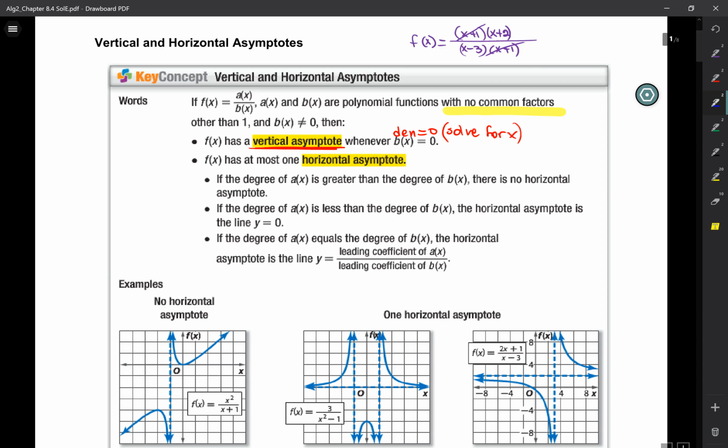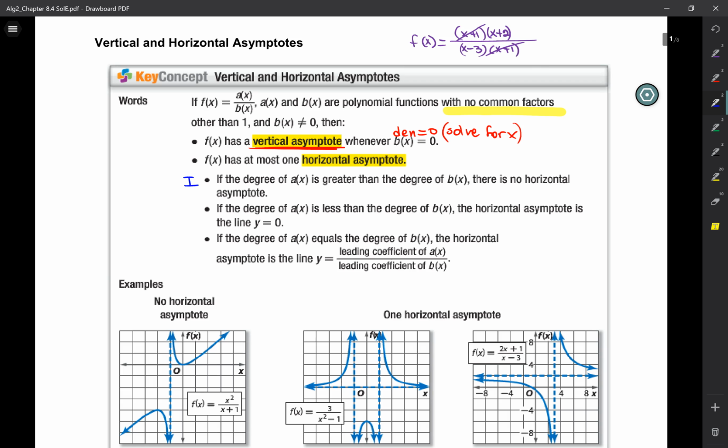To find a horizontal asymptote, there are 3 cases. The first is if the degree, what's degree? What's that term mean, degree? Not coefficient. Which exponent? Lowest, highest, middle?